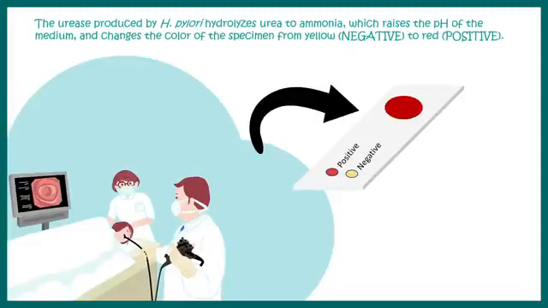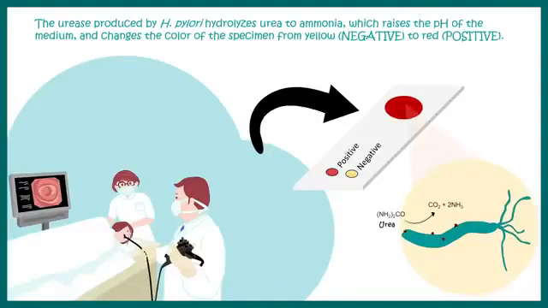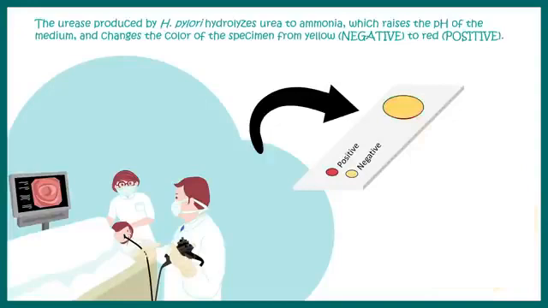That simply boils down to, if you have red coloration, that means you have Helicobacter pylori infection and it's positive. But if the color comes to yellow, that means you don't have any infection. This is how we can rapidly understand whether there is an infection of Helicobacter pylori or not.